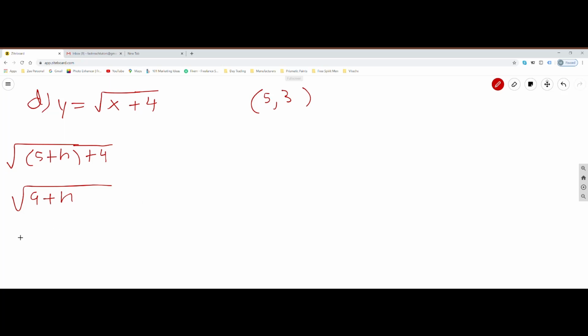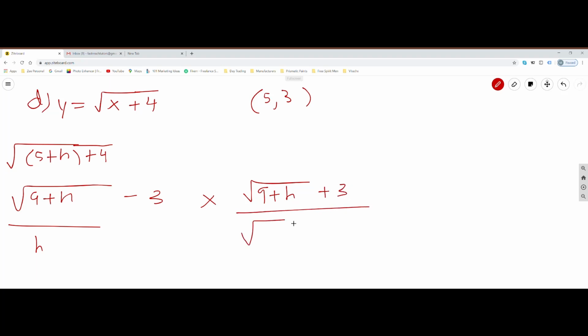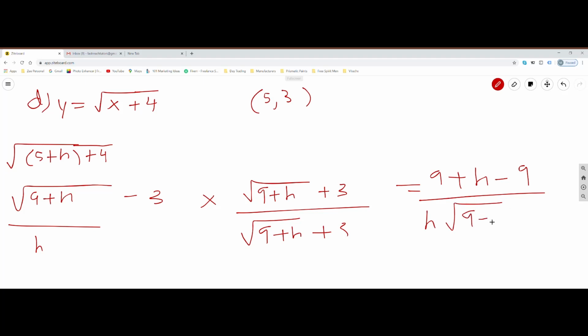You're going to multiply, and minus 3, which is, we're going to multiply by the conjugate, so square root 9 plus h plus 3 over square root 9 plus h plus 3. That equals 9 plus h minus 9 over h times square root 9 plus h plus 3, which equals h over h times square root 9 plus h plus 3.